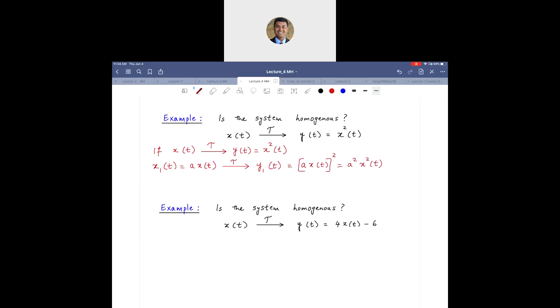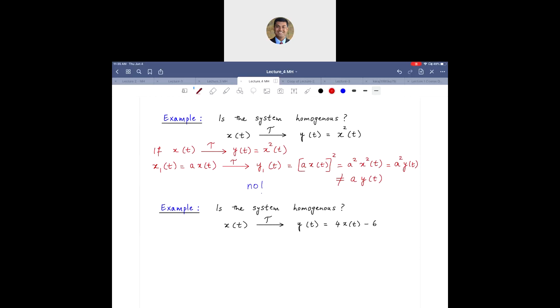And as you can see, this is simply a squared y of t. And more importantly, it is not equal to a y of t. So you can say it is not homogeneous. So homogeneity is not satisfied here.